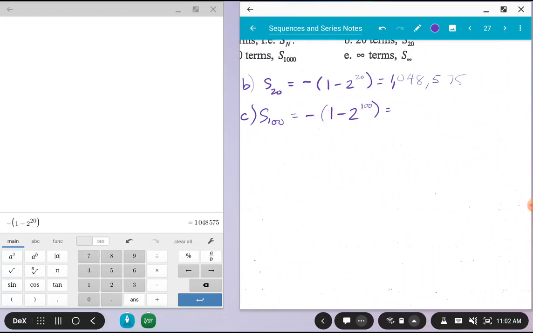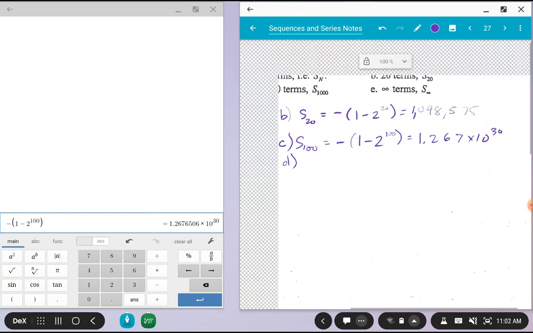So I'm just going to go back to my formula and change that 20 into 100. And that's an even larger number, right? 1.267 times 10 to the 30th power. We're not going to write that entire number out. That's way too large. What you basically see here is that these numbers are getting larger and larger and larger.